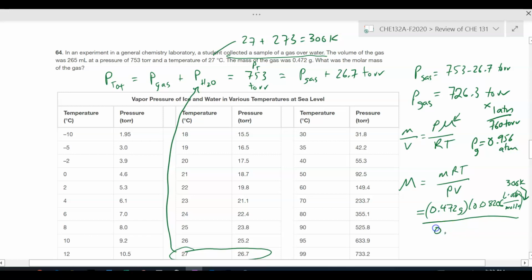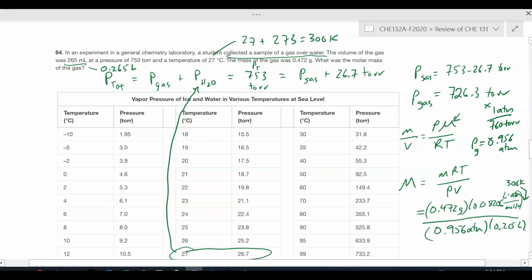So down here I have 0.956 atm. And then the volume was given to us, it was 265 milliliters, which means that that's 0.265 liters. So 0.265 liters. All right.